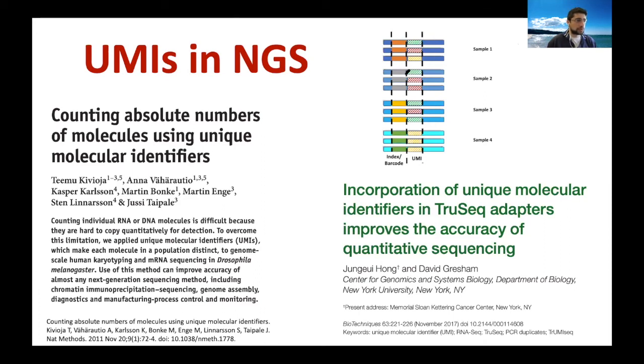If you go to sample two, then all the barcode sequences will be different, but the same within sample two. Sample three, exactly the same. So it's orange, gray, yellow, green. Index and sample barcode are identifying the fragments coming from one or another sample.